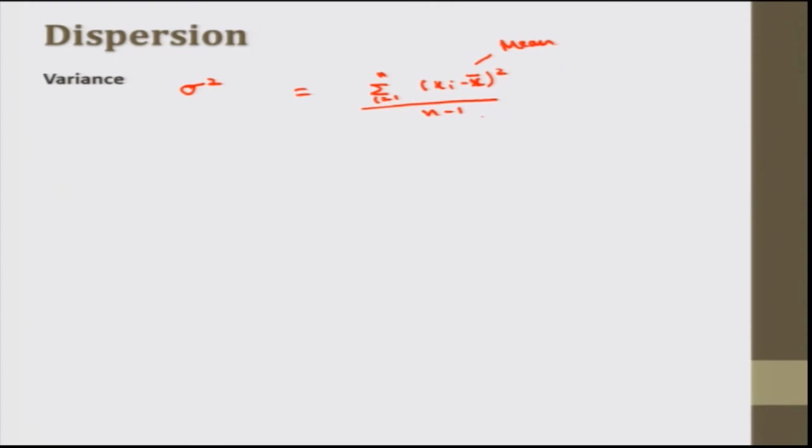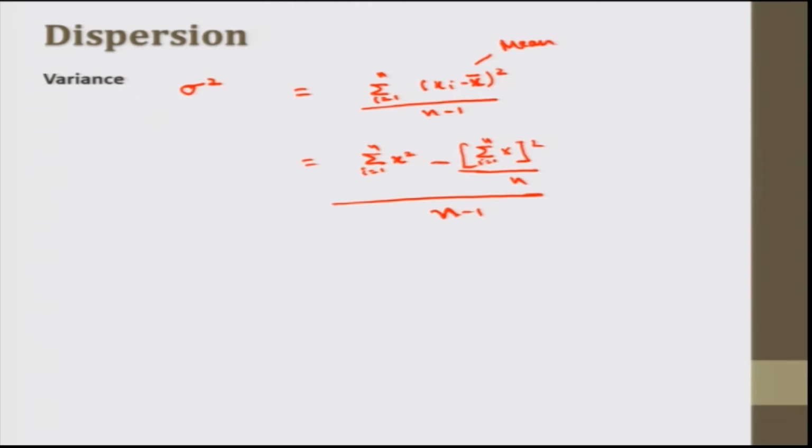Another way to calculate it: I can put the value of x bar and open the bracket, then it becomes summation i equal to 1 to n of x square minus (summation i equal to 1 to n of x) whole square by n, over n minus 1. Okay. This is taken separately here.